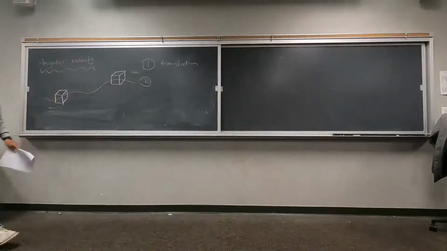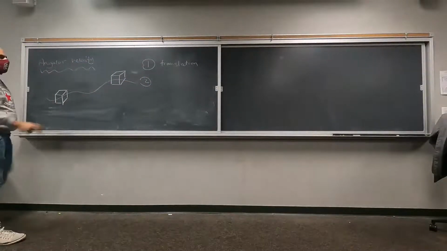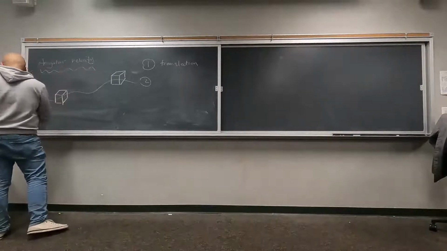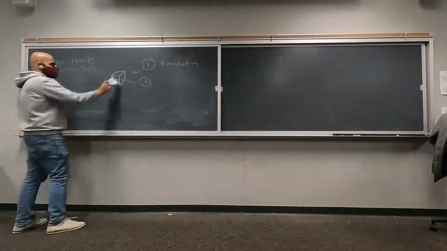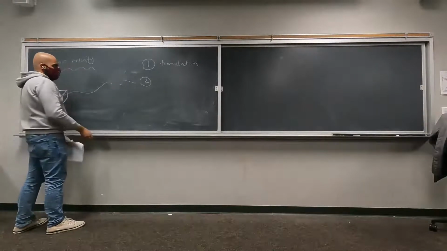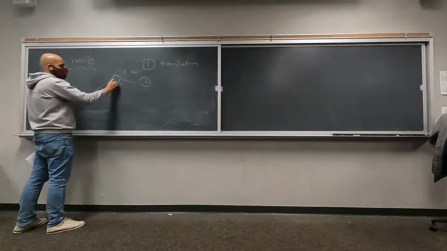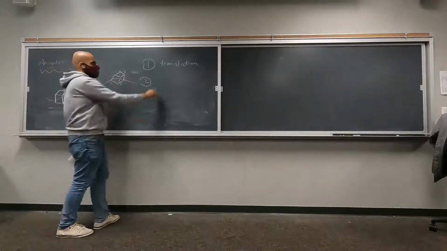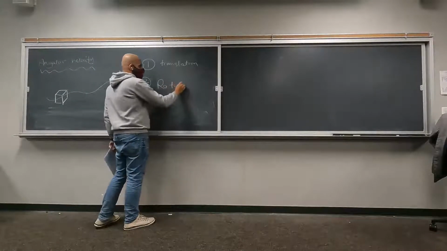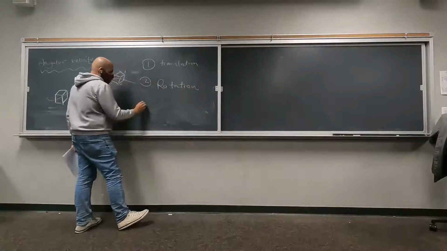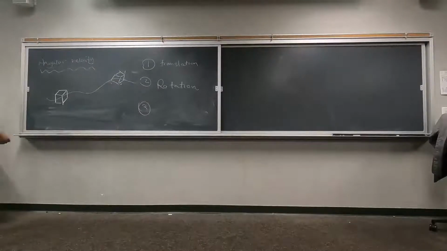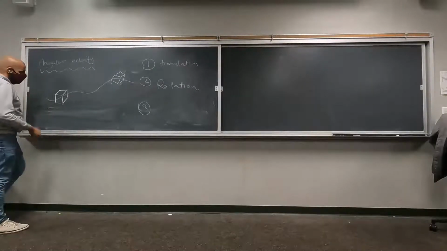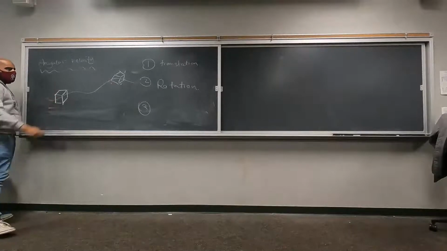While it's translated to that location, it can rotate around an axis. So rotation. And it can also be distorted, meaning that the distance between these points can become larger or smaller.